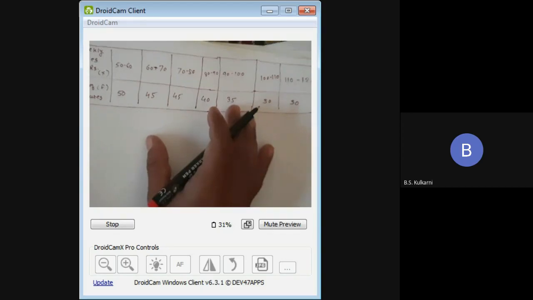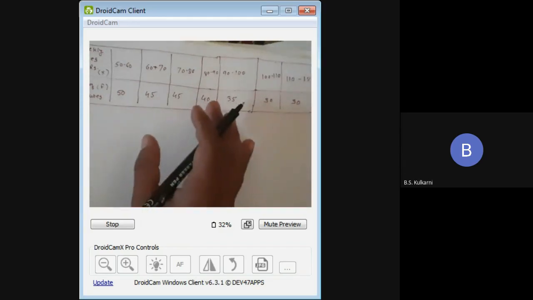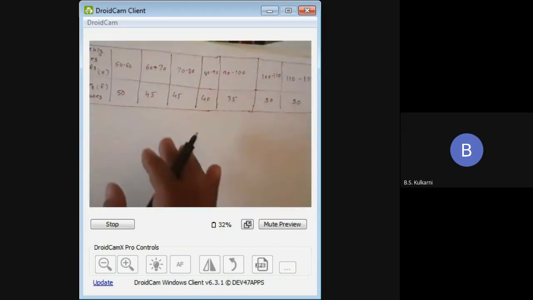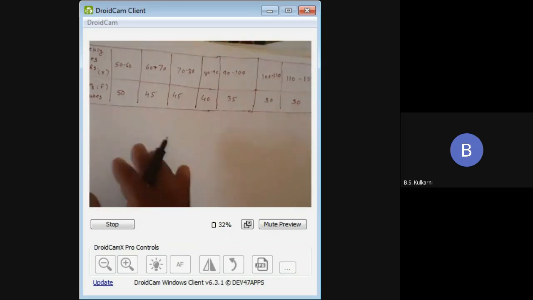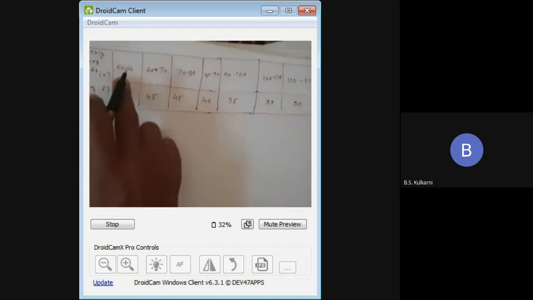Okay, so now what exactly do you have to do? Firstly, you have to find out which is the lowest and which is the highest value from the classes. Can you find it? 50 to 60.